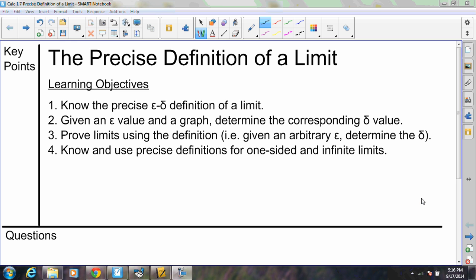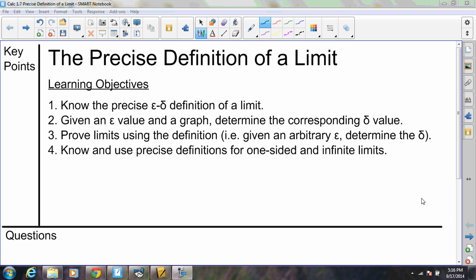Our learning objectives are fairly straightforward. First, know the precise epsilon-delta definition of a limit. Second, if you are given an epsilon value and the graph of a function, determine the corresponding delta value. That shouldn't make any sense without the definition and an explanation. Third, we will prove limits using the epsilon-delta definition.